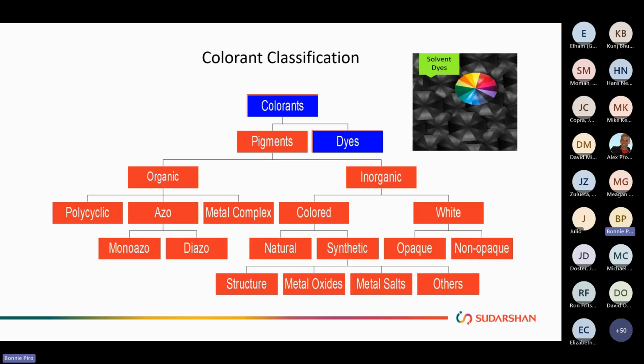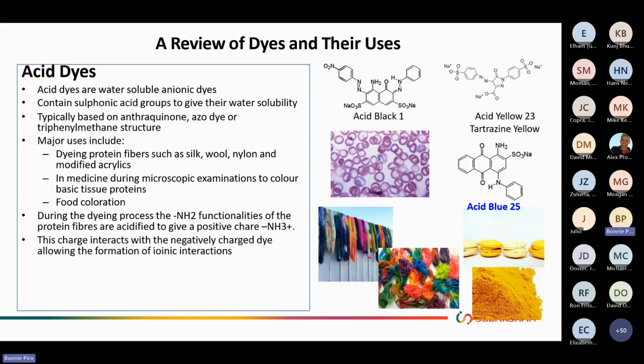Shifting gears from pigments over to dyes is the other space where blue shows up. Acid dyes is one example. These are typically used for dyeing more natural fibers like silk and wool to get the textiles that we all wear every day.